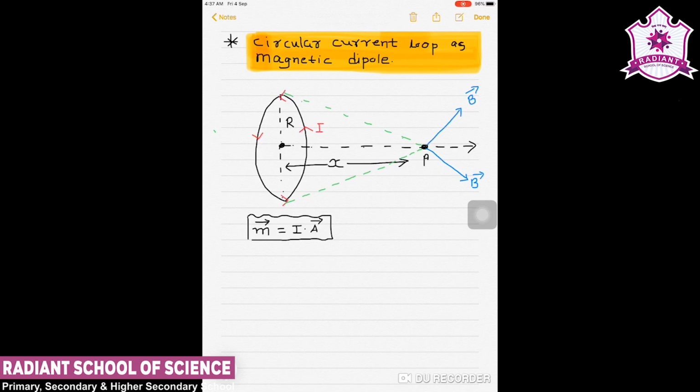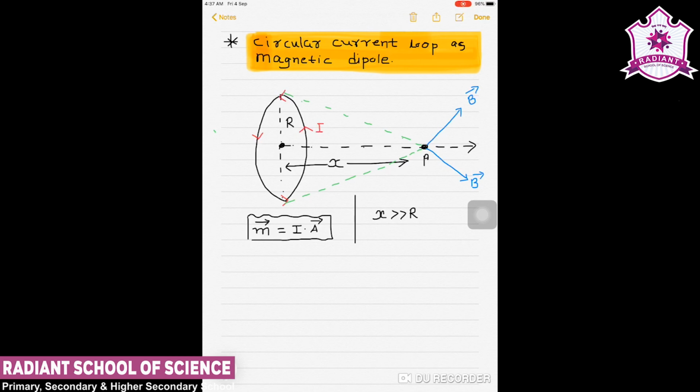Now suppose we are asked to find the magnetic field at point P that is situated on its axis, lying at x distance from it. Suppose we consider that x is very much greater than the radius. So these are all pre-assumptions.